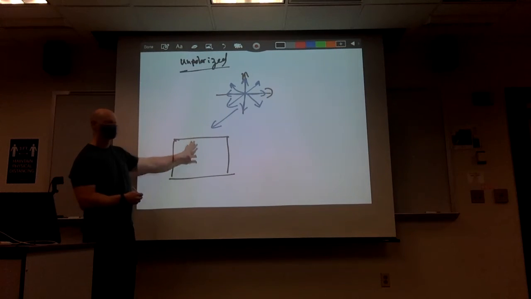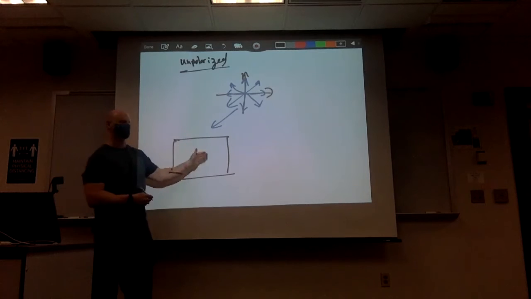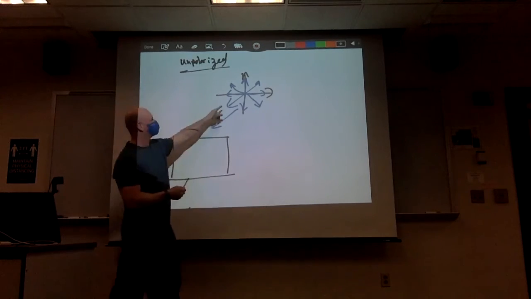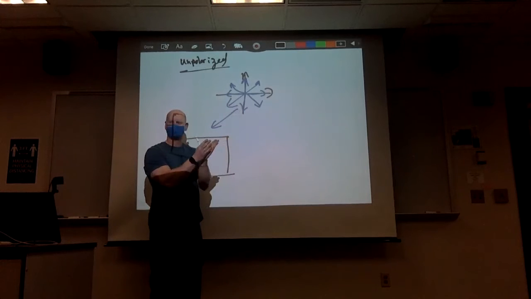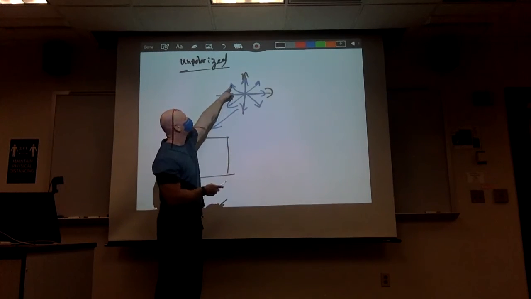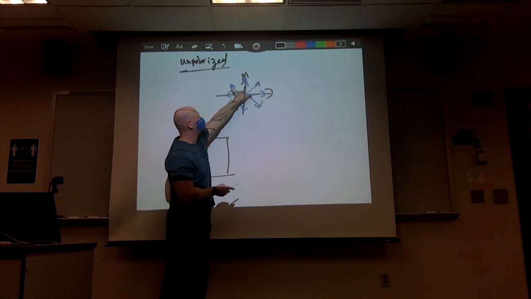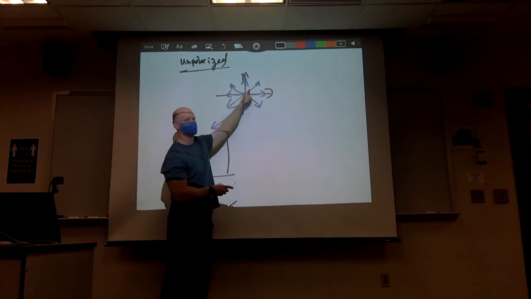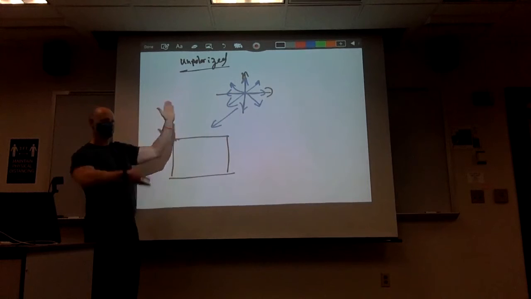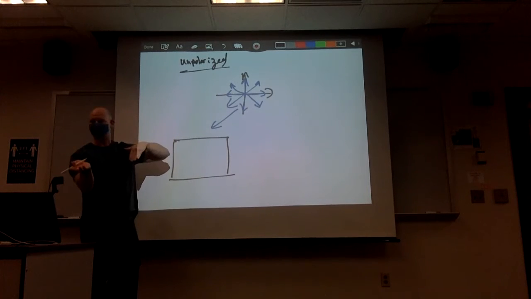No matter what direction the polarizer is set up, whether it's vertical, horizontal or diagonal, we have to think about each one of these arrows as being the superposition of two vectors. For example, this piece here is the superposition of a vertical piece and a horizontal piece. Same thing as this one, and this one. So this is just a bunch of vectors pointing in either the vertical or the horizontal direction.